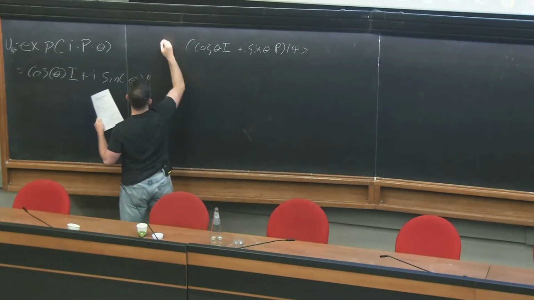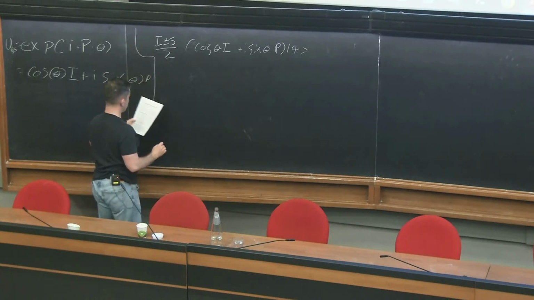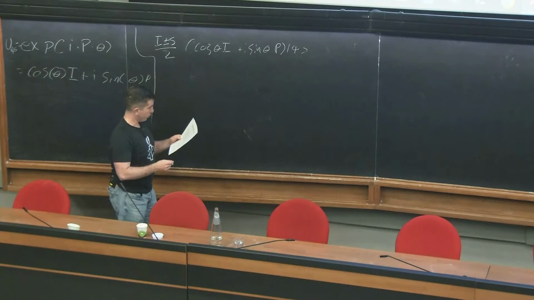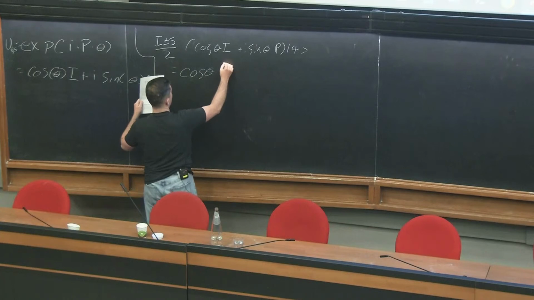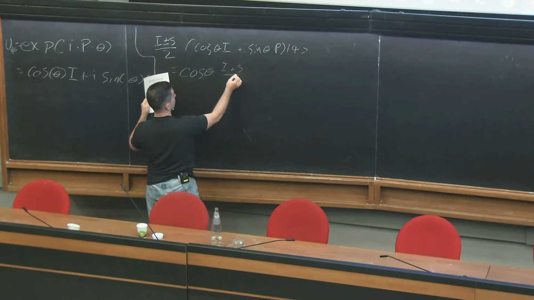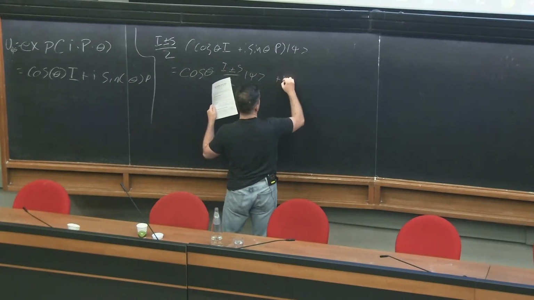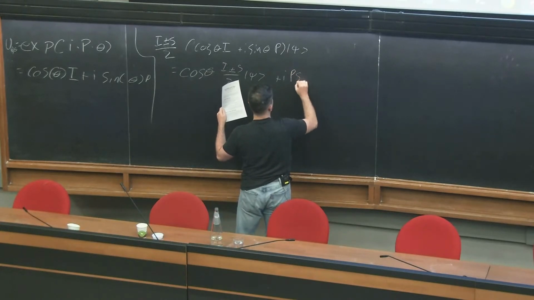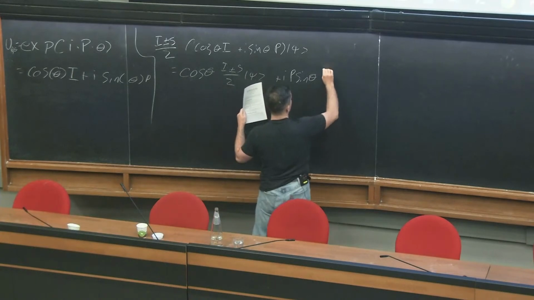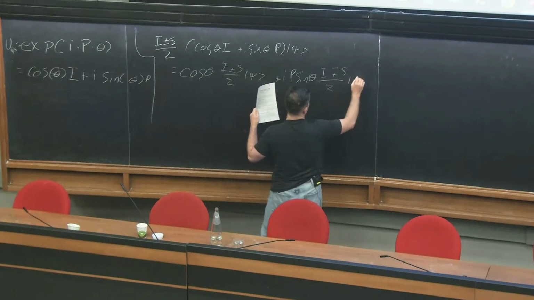We're going to project into one of these two spaces, either the +1 or -1 projector. So we expand out. This is going to be equal to cos theta (I plus or minus S)/2 times psi, plus i P sin theta (I minus or plus S)/2 psi, because these anti-commute.